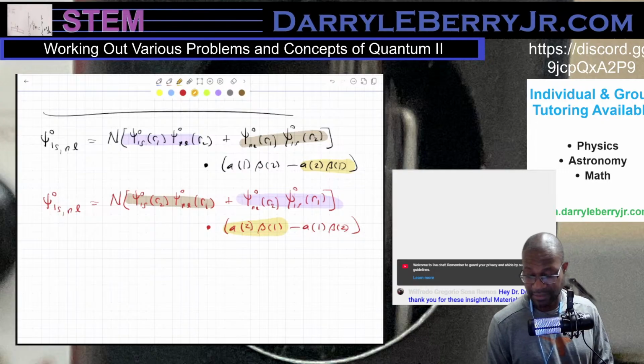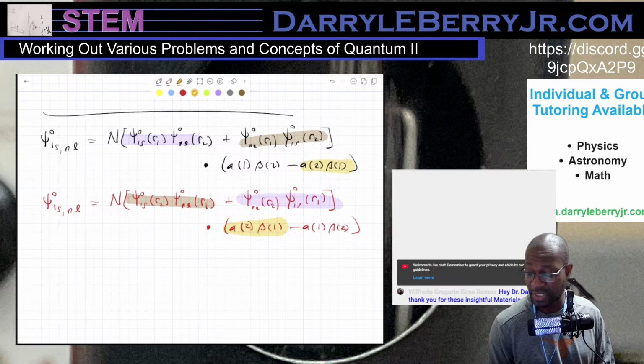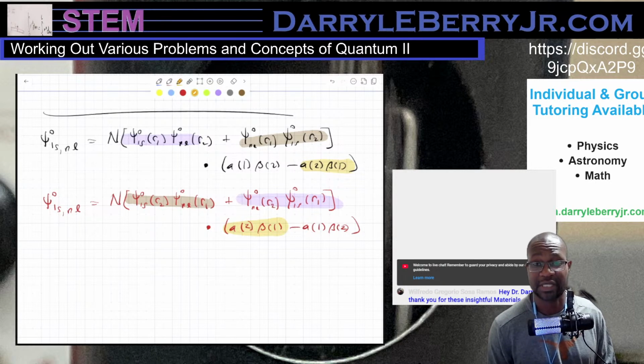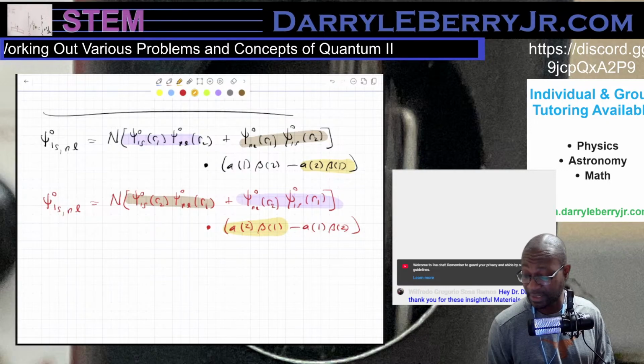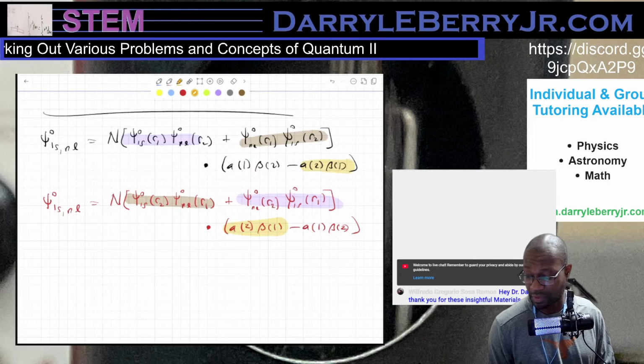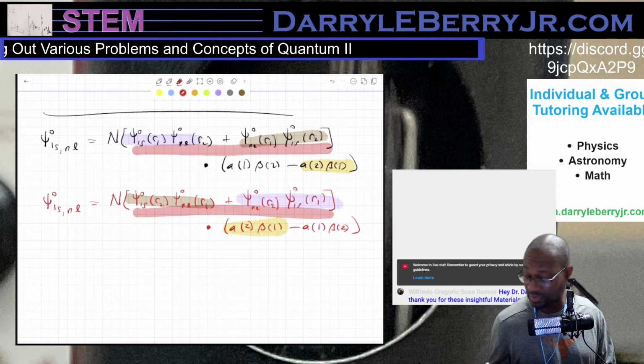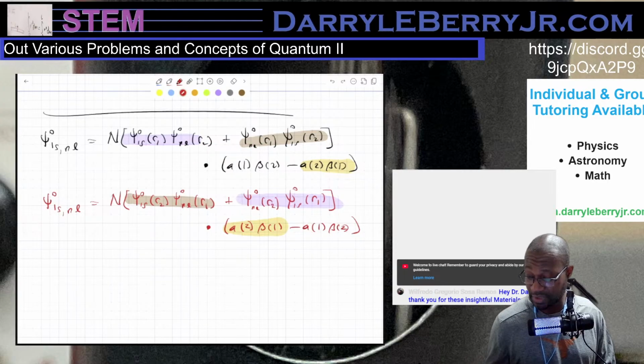So the fact that I can change R1 and R2 and 1 and 2 for the electrons, everything stays the same, but the sign swaps, that's all that changes, that makes it a good state. So if I have an equation where if I swap R1 and R2, it becomes a different equation, then that's not a good equation.